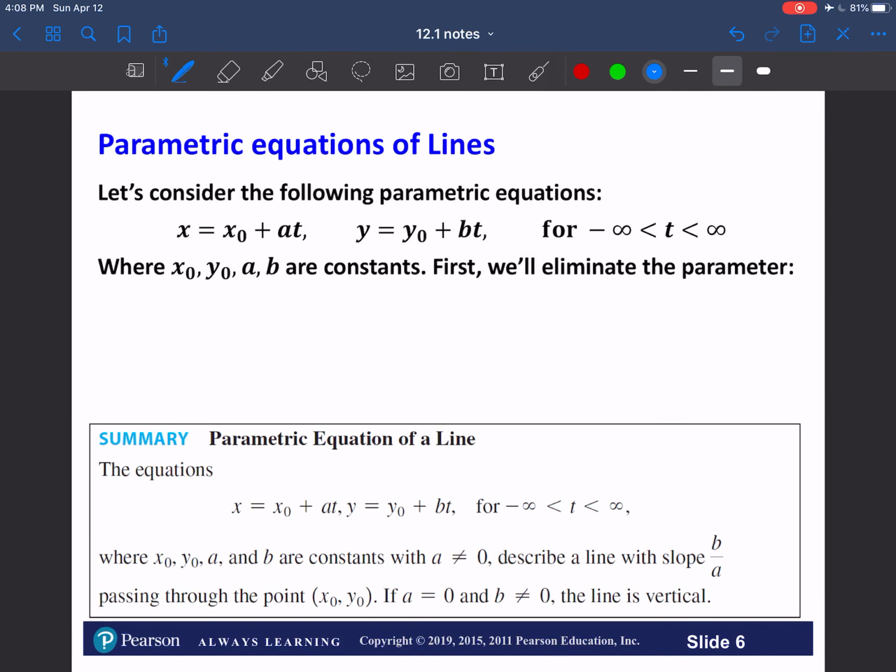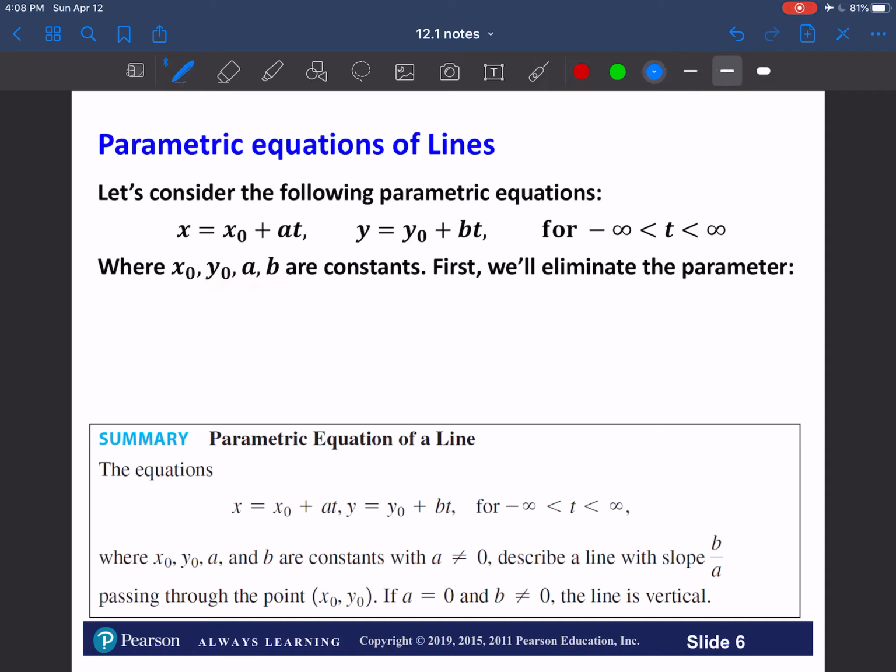So the next thing we want to consider is the parametric equations for lines. So lines have a very special parametric form. In particular, we're going to consider the parametric equations x equals x naught plus at and y equals y naught plus bt, where t varies from negative infinity to positive infinity, and x naught, y naught, a, and b are all constants.